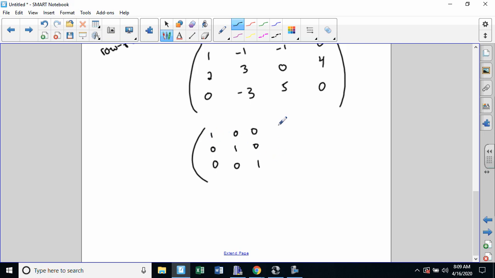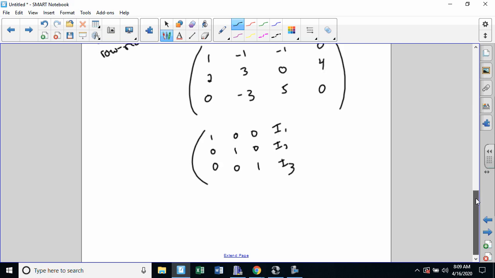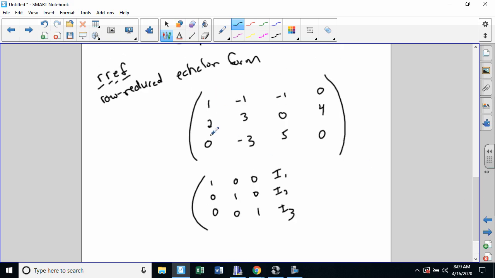This last column is going to be our answer for I1, I2, and I3. Remember that along the first column, these were our coefficients of I1, these were our coefficients of I2, and these were our coefficients of I3. So when we get our matrix in row reduced echelon form, we are going to have our answer for I1, I2, and I3.